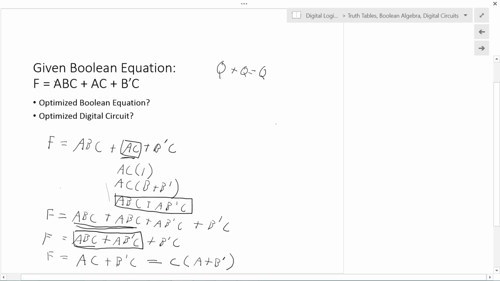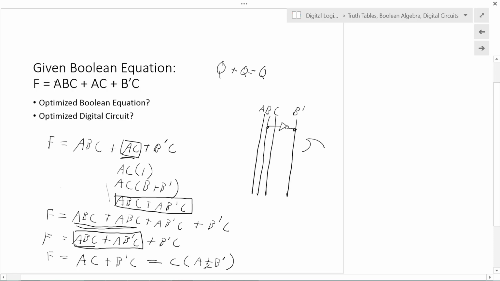If we draw this out, let's use longhand again, be very structured. A, B, C. And then we place an inverter here for B prime. Then we have one logic gate. Now we have to handle this OR gate first.